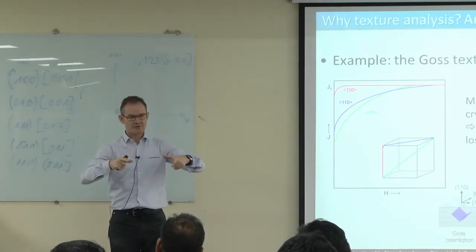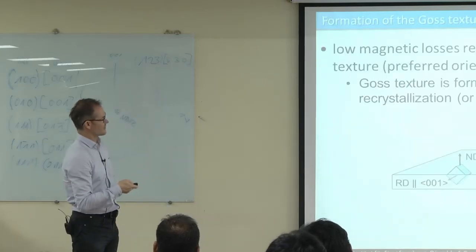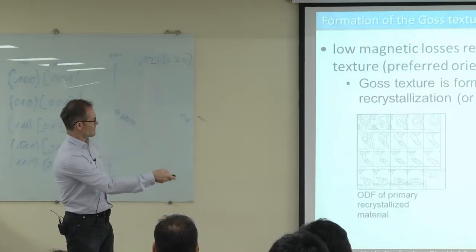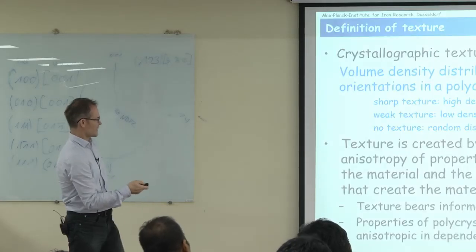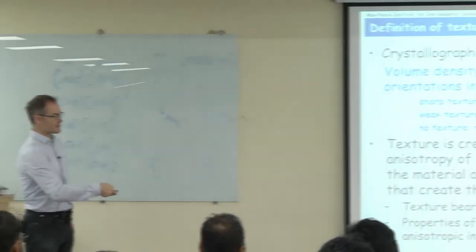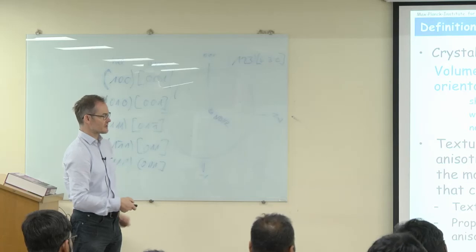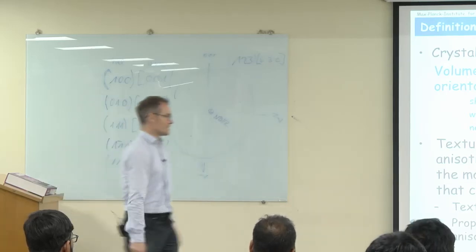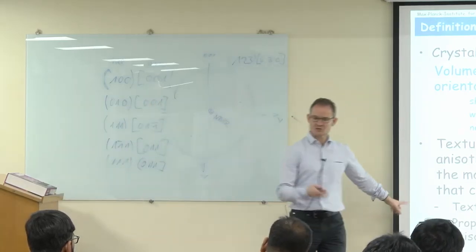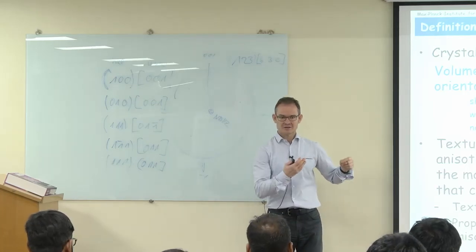So both come together, sample or process symmetry and crystal symmetry, and together they make the texture. So it's the anisotropy of the crystals, the crystal symmetry, together with the anisotropy of the process that creates the texture. And then the texture, of course, contains information of the process which has been creating it.